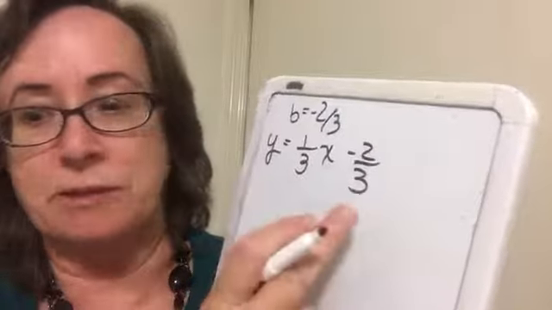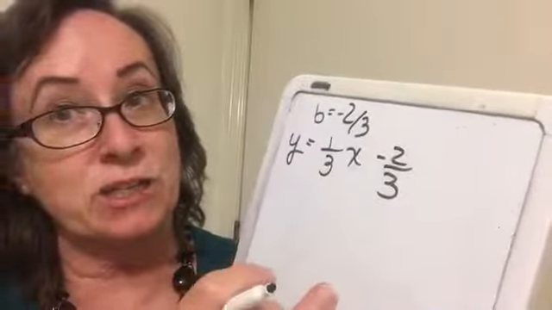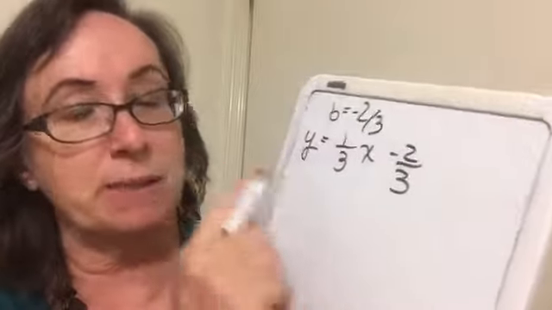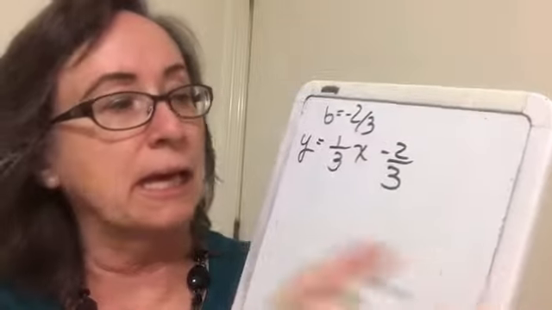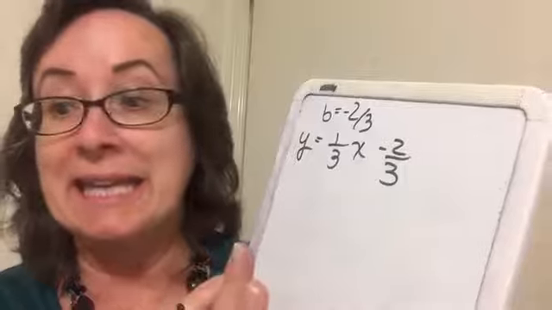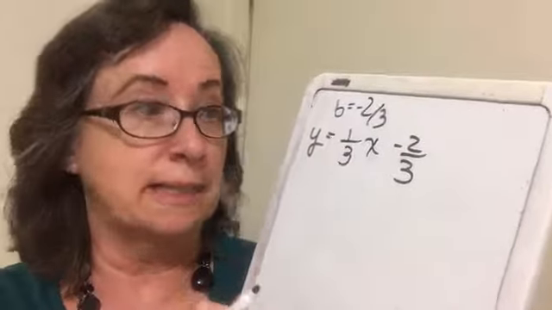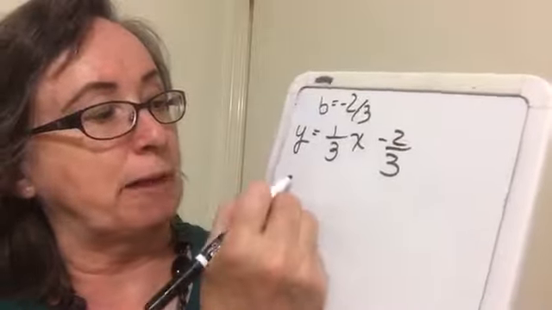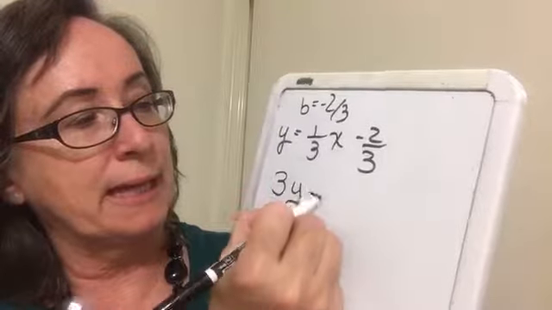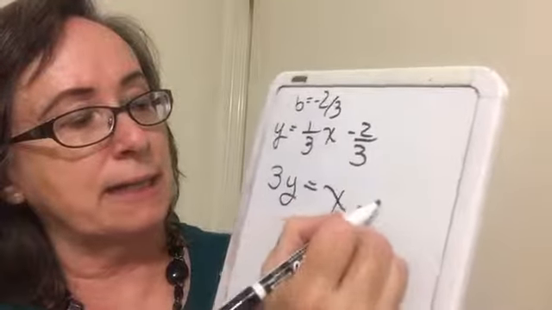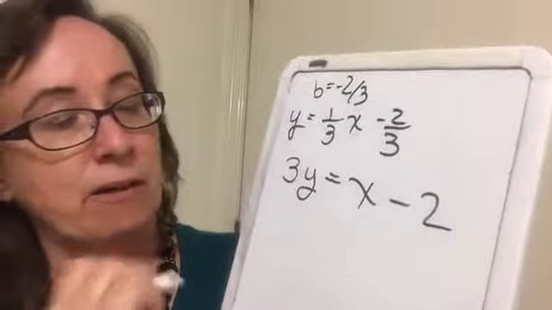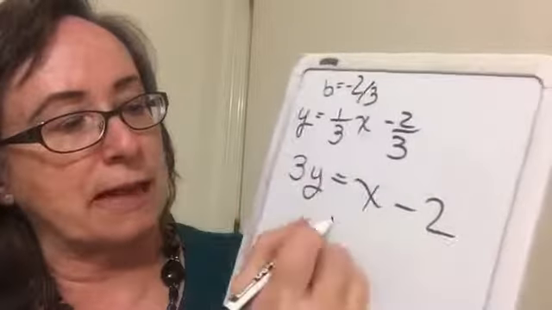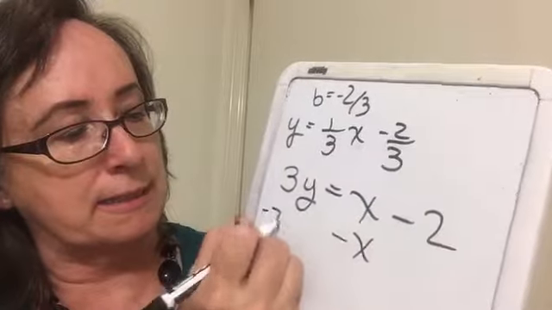In my slope-intercept form, I want to turn that into standard form, so I'm just going to multiply everything by 3. Because remember, I don't have any fractions in standard form. So if I multiply everything by 3, I get 3y is x minus 2. Standard form has this x on the other side, so I have to subtract the x.